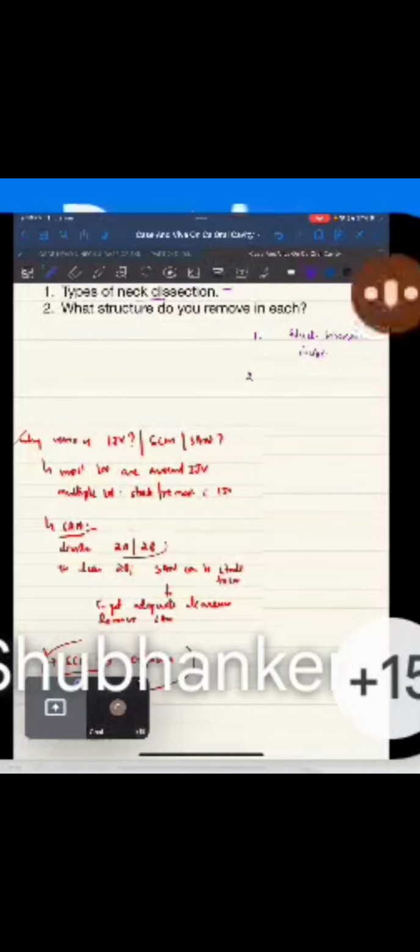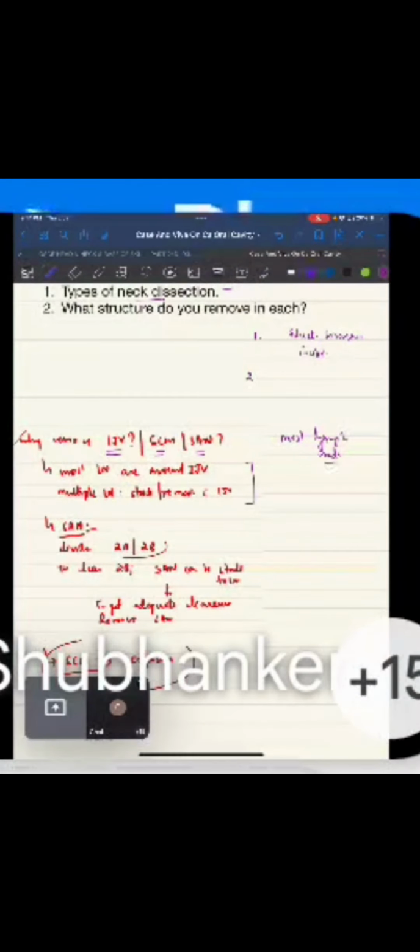Basically, the whole game is rotating about these three. We are removing the IJV, we are removing the SCM, we are removing the SAN. Most of the lymph nodes are around the IJV. Therefore, while removing the IJV, we get good access to all the lymph nodes.